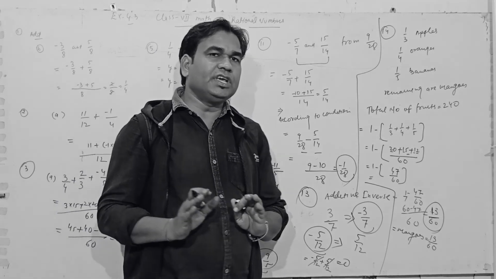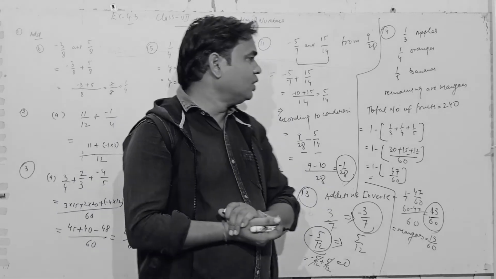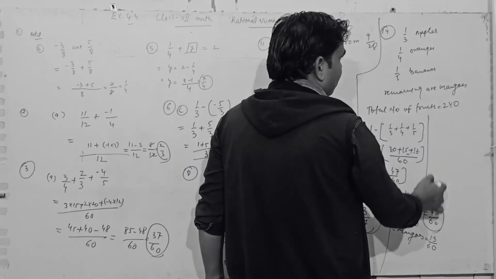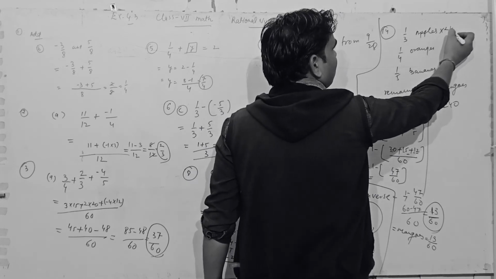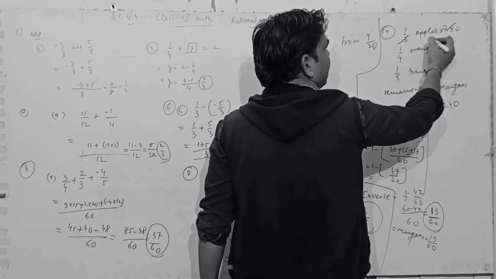After that you see, students, here we have to find out the number of each fruit. So let me see the number of fruits here. First we talk about apples. The number of fruit is 240, so we can divide here.